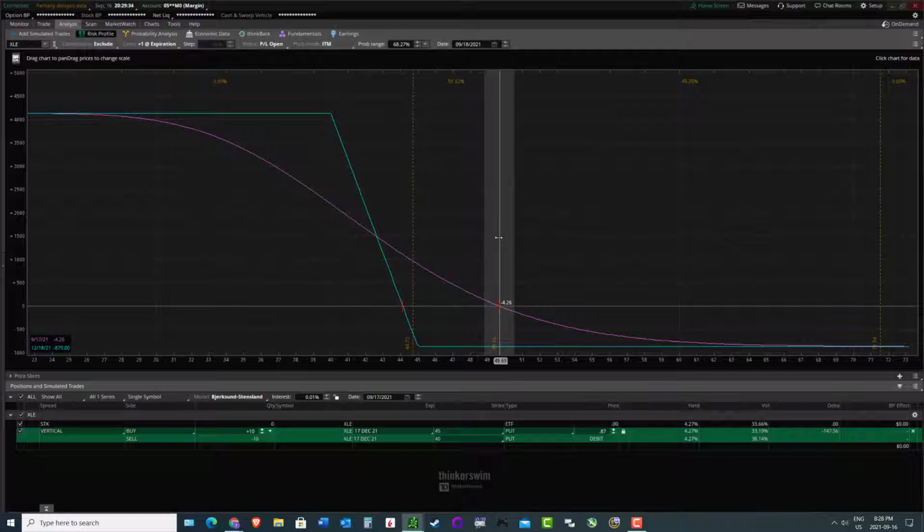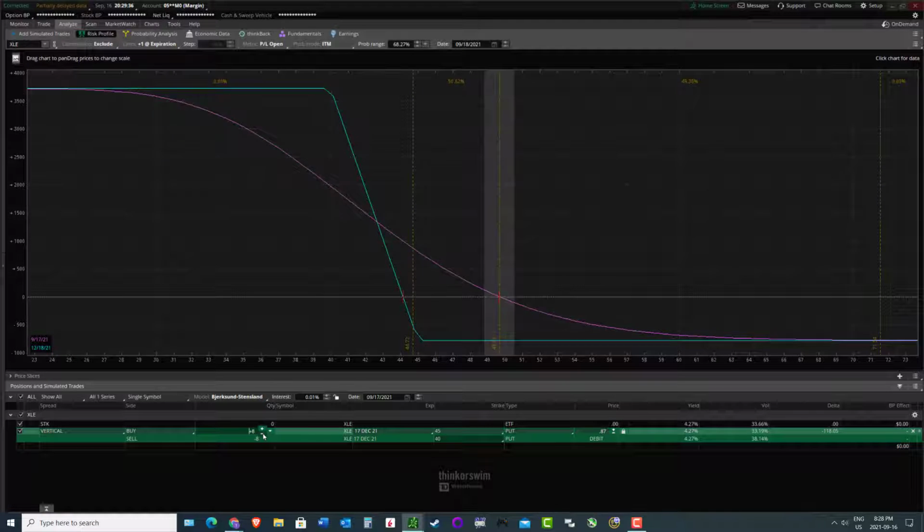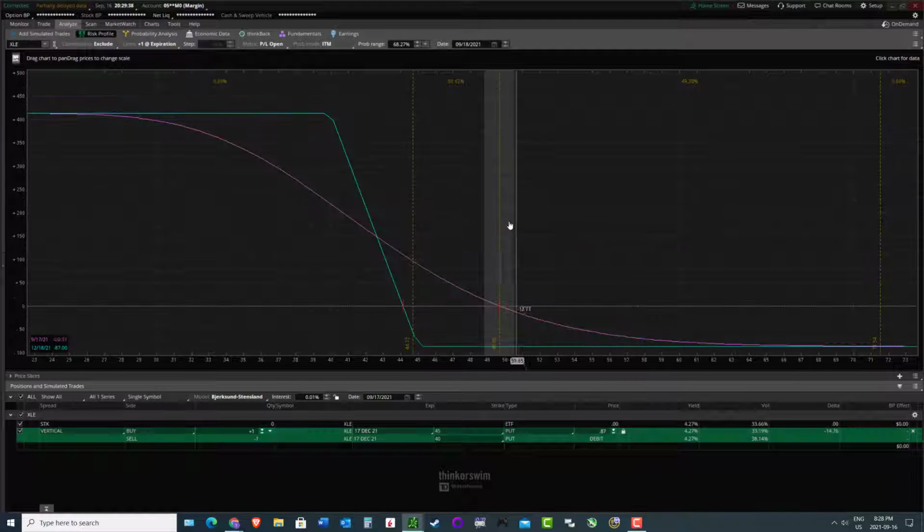So on 10 contracts, I mean, you can just do one contract for a spread if you want. Let's just work with that number, and obviously it scales up as you increase it. So for one contract, a 45-40 vertical put debit spread, $87 would be the maximum risk, and $413 would be the maximum reward if you expired at or below 40 on that December expiration.